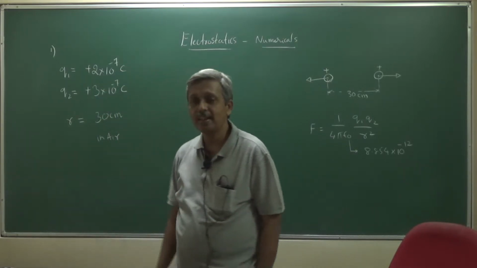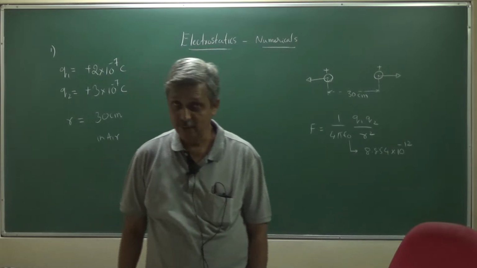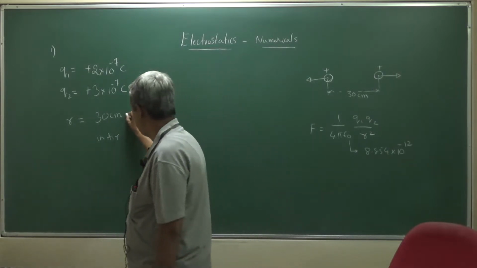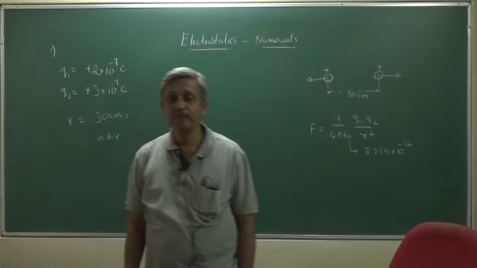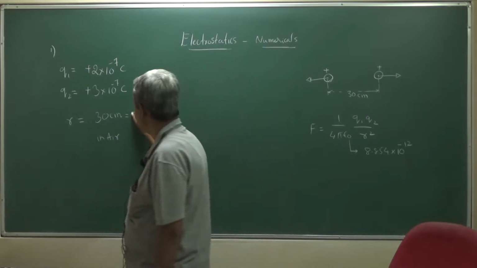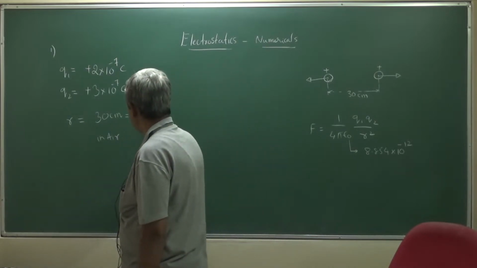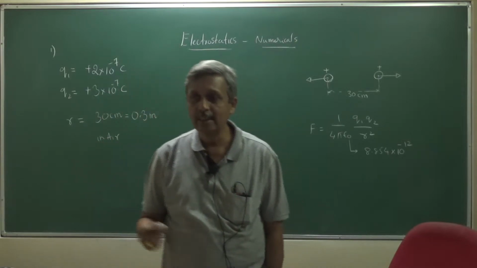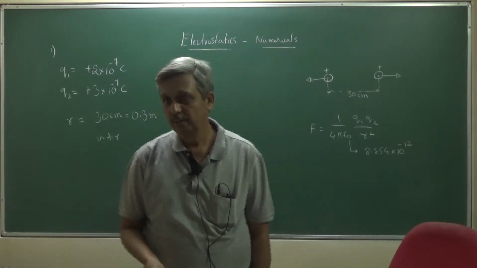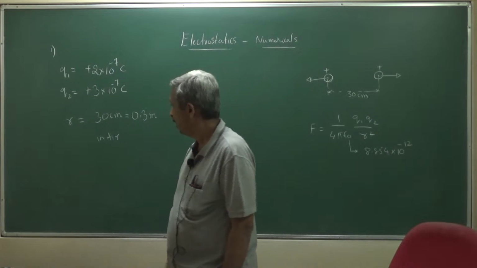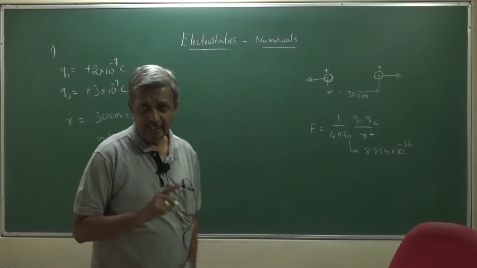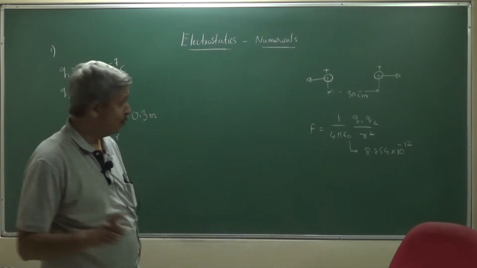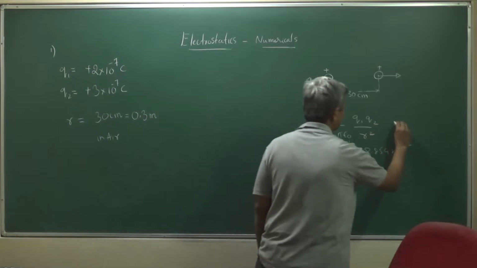But 30 centimeter is not an SI unit, so it has to be converted to meter. 30 centimeter when you convert into meter will be 0.3 meter, because 100 centimeters is 1 meter. So 30 by 100 is 0.3. So 0.3 meter. Okay. Now, if I write all these things, I can get the force in terms of Newton.